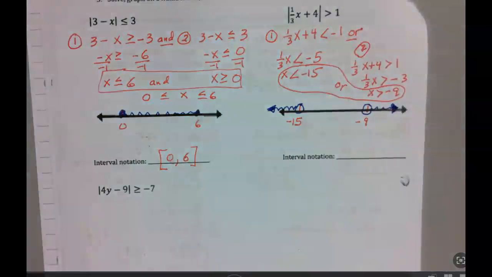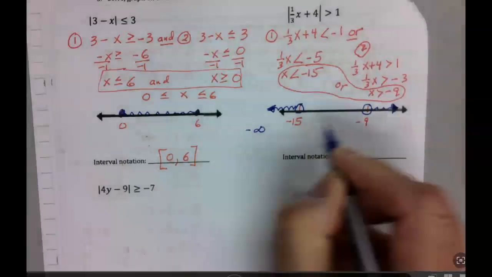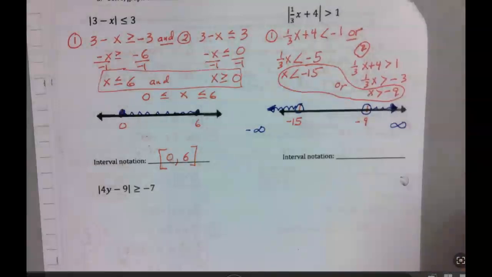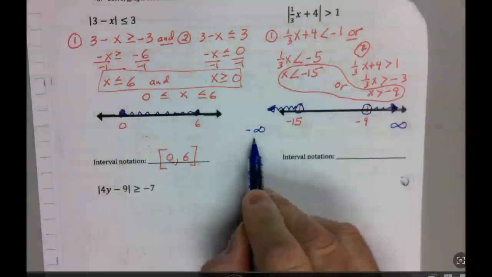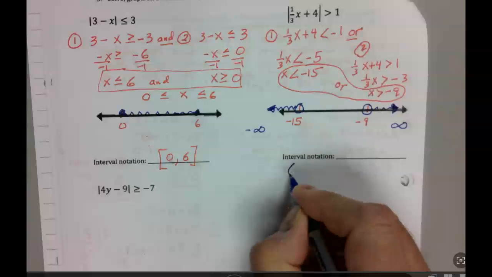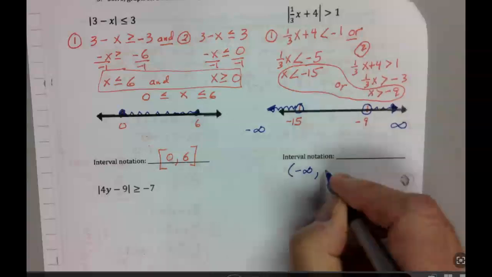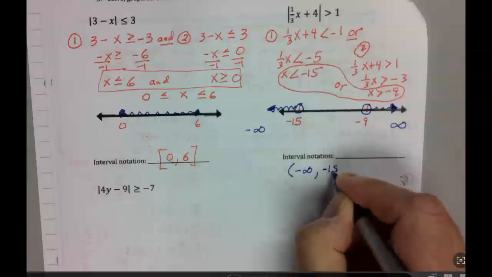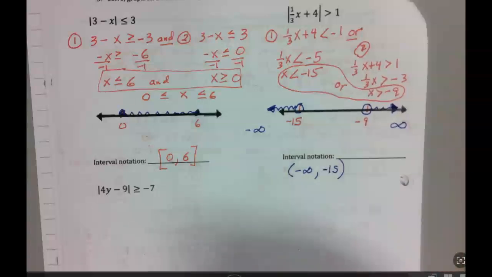And interval notation, you work left to right. Agreed? So arrows pointed to the left, so negative infinity to negative 15. Non-included means parentheses, right?